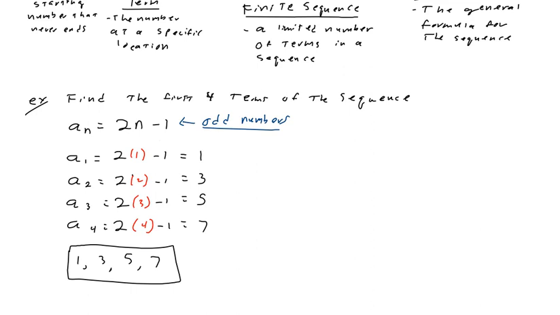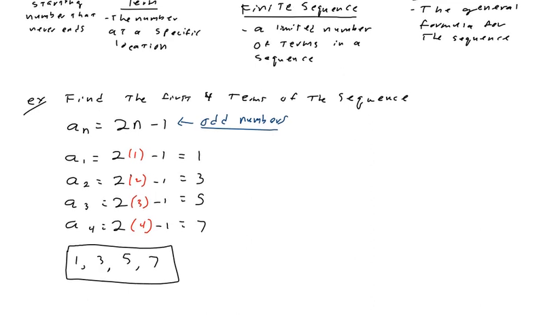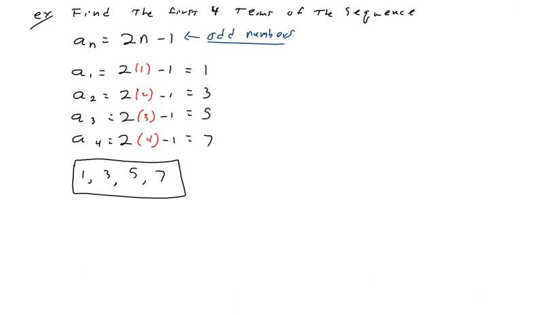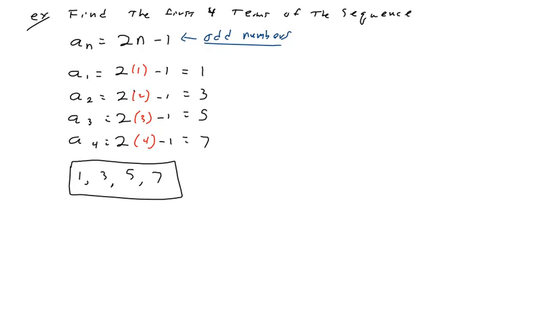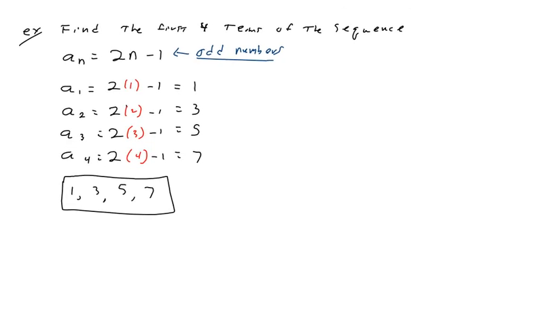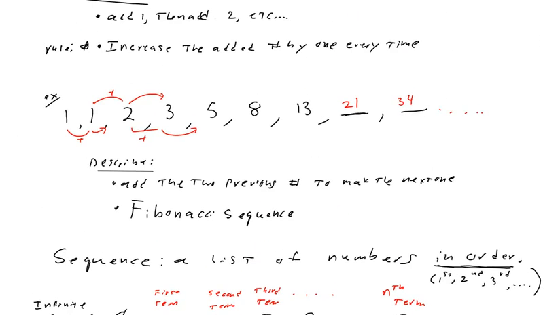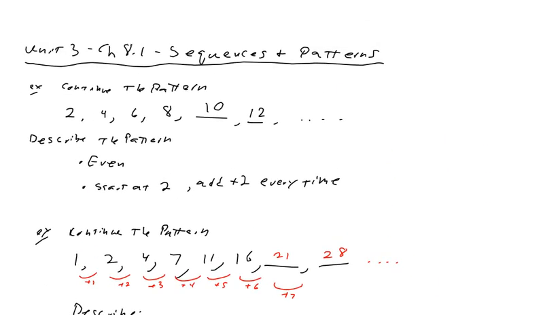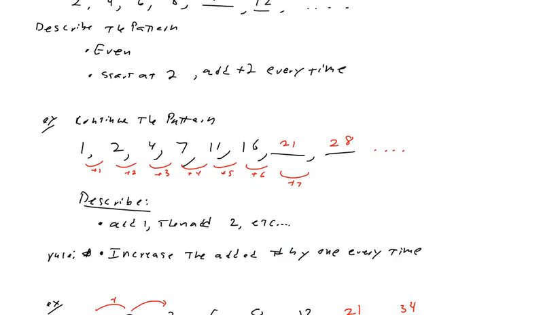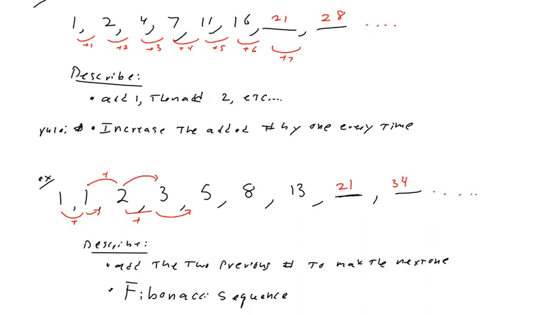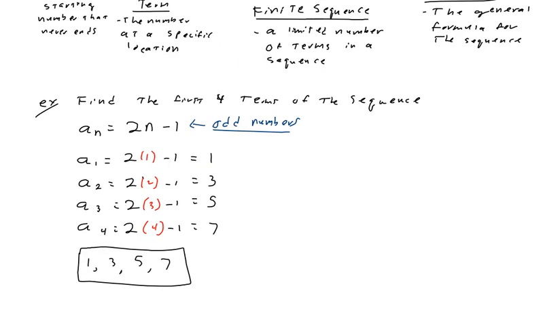So let me see if we can describe one of the patterns we did before. Let me do another one. Hold on, let me look at this. So, what patterns do we do here? We did our even numbers.